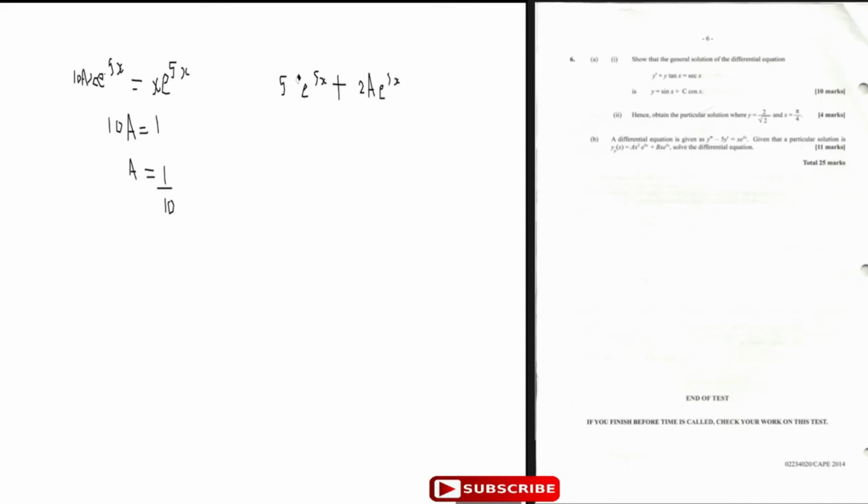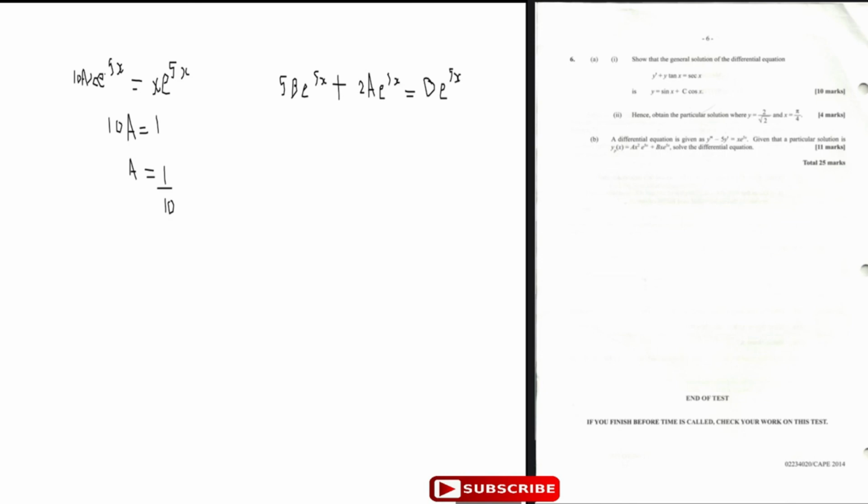Change that to b. And you might wonder where the 0 comes from. The 0 actually comes from saying that this is equal to 0 e to the 5x. That's where the 0 comes from.